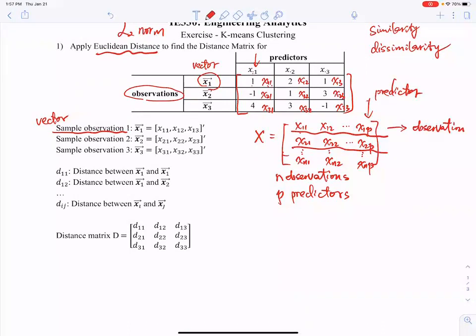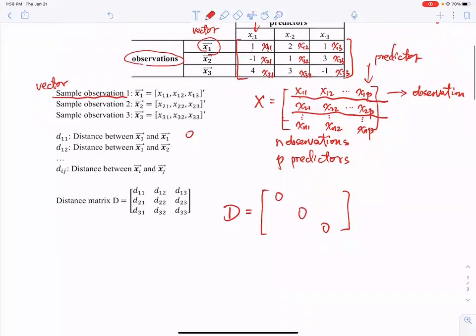Now let's have a look at D11. D11 is the distance between the first observation and the first observation itself, and this is 0. So in the distance matrix, we will have 0 on the diagonal. Because this matrix is symmetric based on the definition of the similarity measure, D12 equals D21, because the distance between the first observation and second observation is the same as from the second to the first.